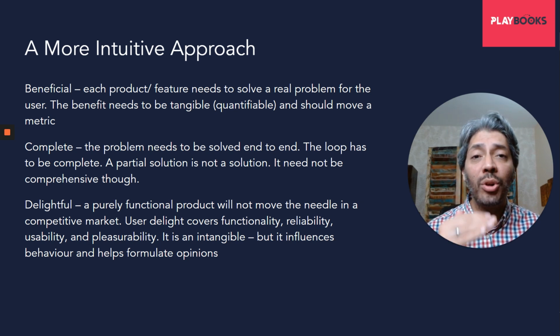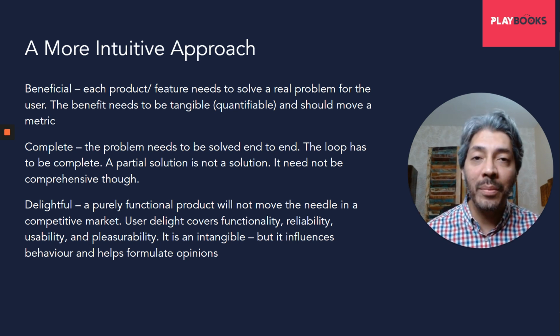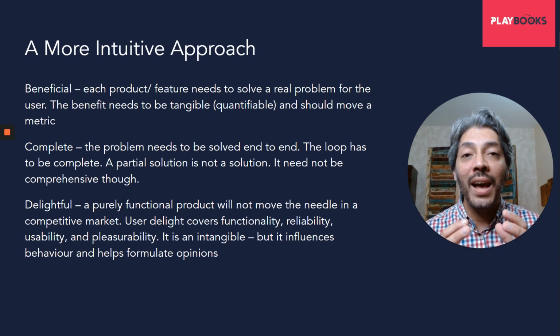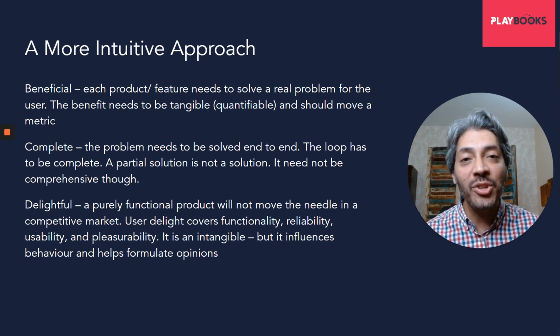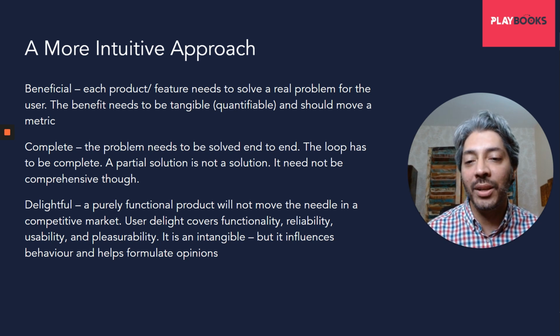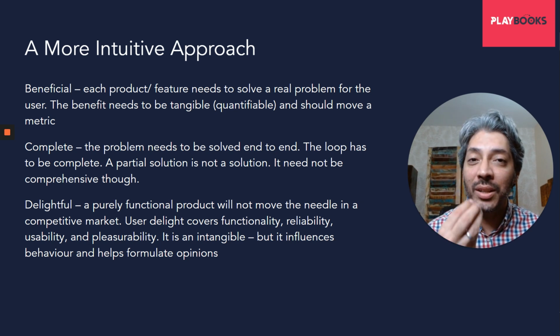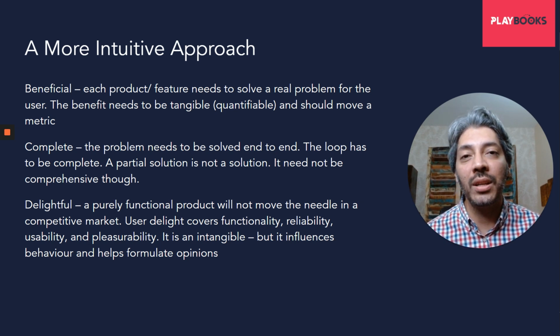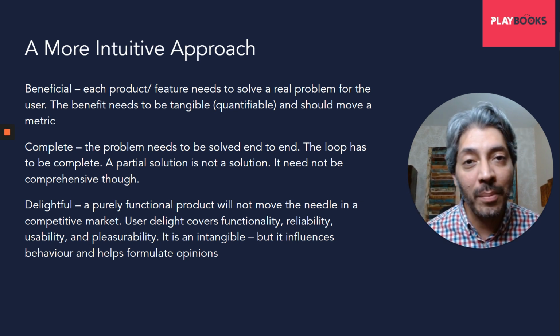If your product does not do this, then it's not meeting the bar. It is not influencing any behavior. And it helps in this intangible way because it helps formulate opinions. And this bit is also very, very critical. This is where the market context comes in. This is where you know that the bar is slightly higher than the minimum bar set by the market.